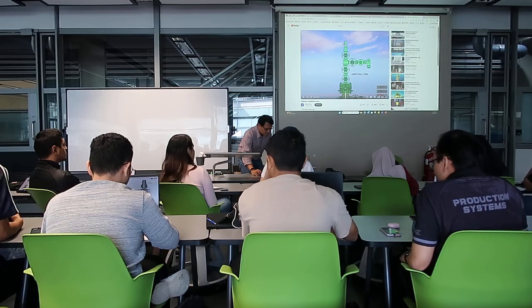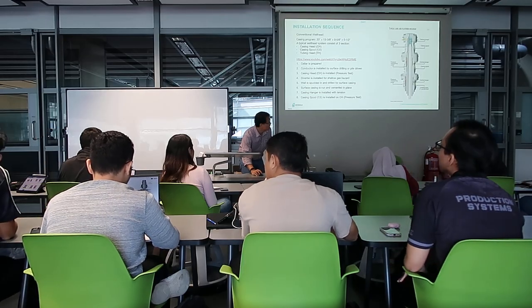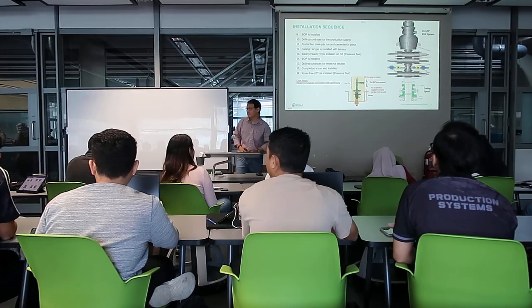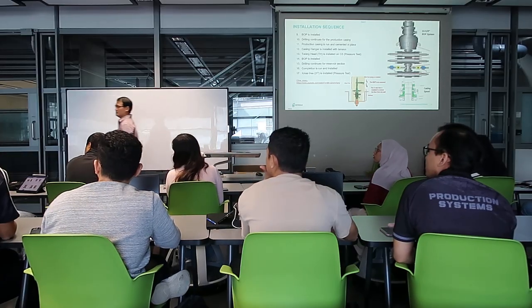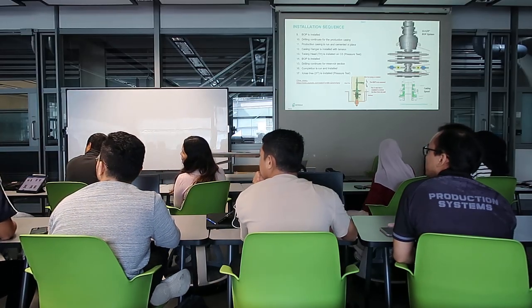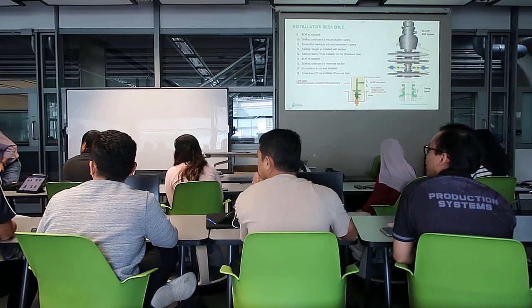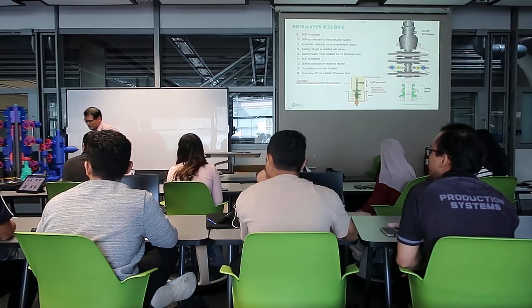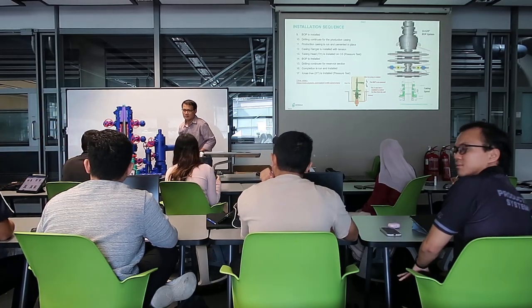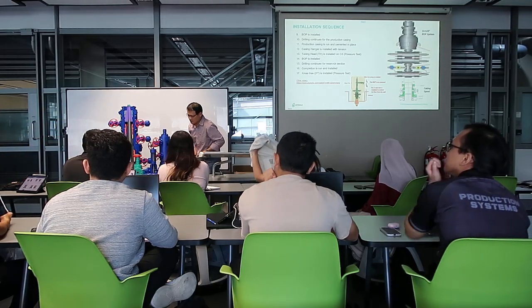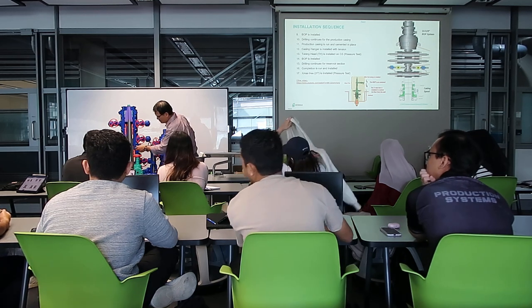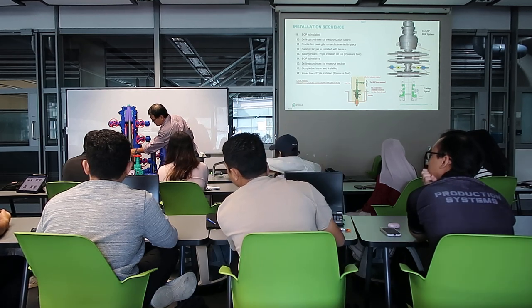So, is it correct to say orange is slip, purple is tubing hanger? So which one you talking about? Orange slip is a seal. Seal.